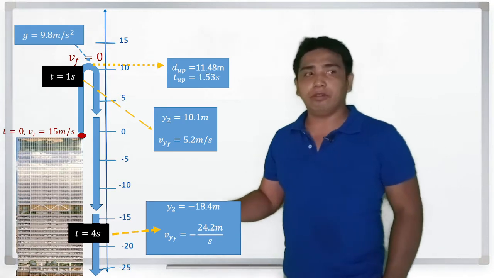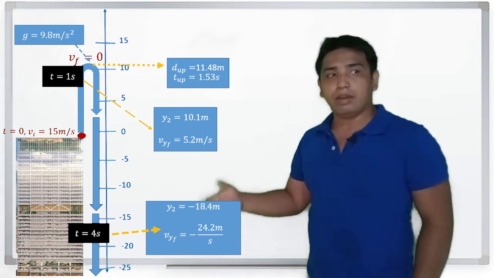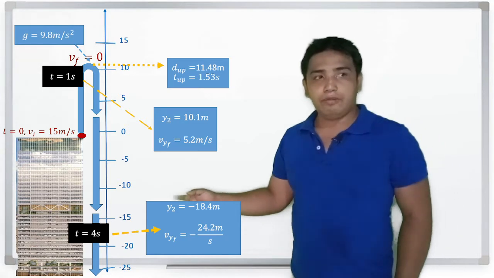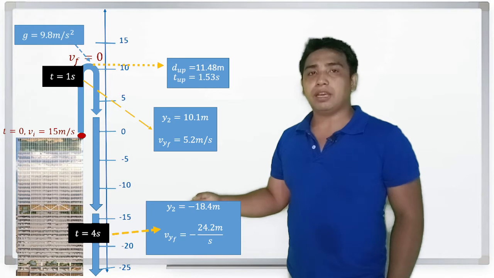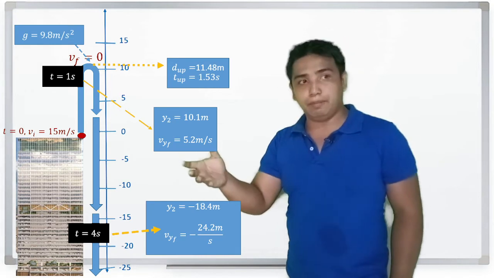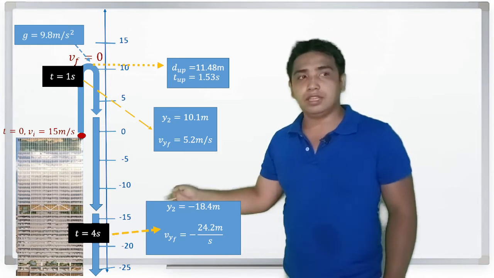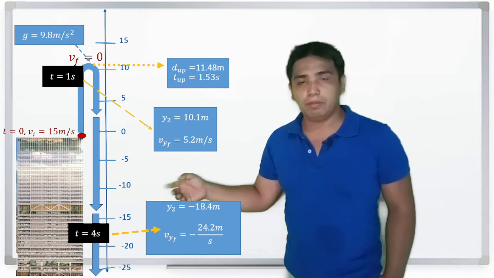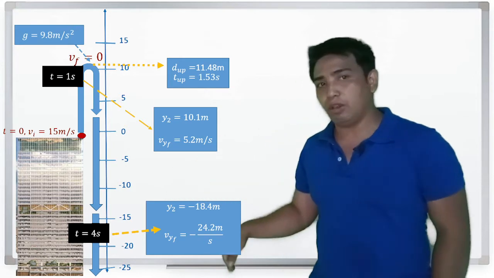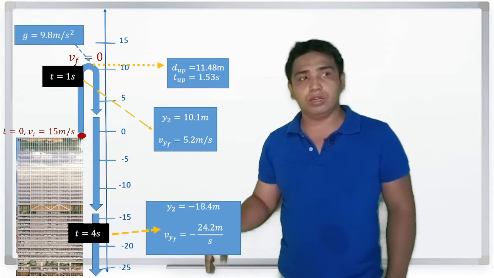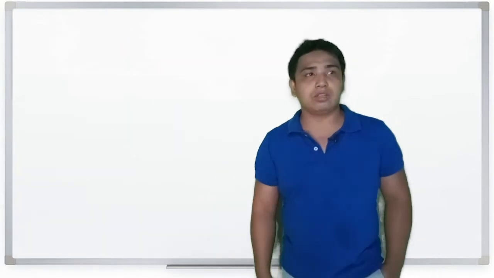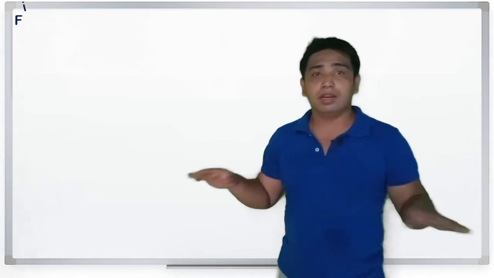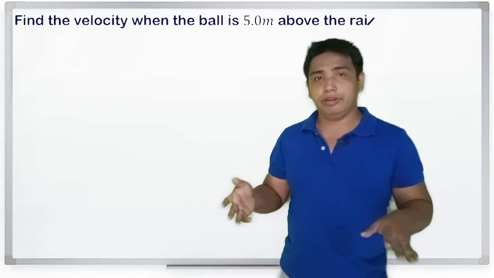And then after 4 seconds, it has traveled negative 18.4 meters with respect to your position, which is the top of the building. Alright, and then the velocity is negative 24.2 meters per second, and that's directed away from you, which is directed towards the earth.